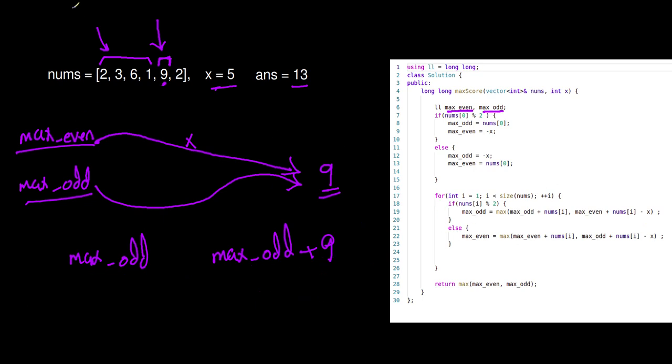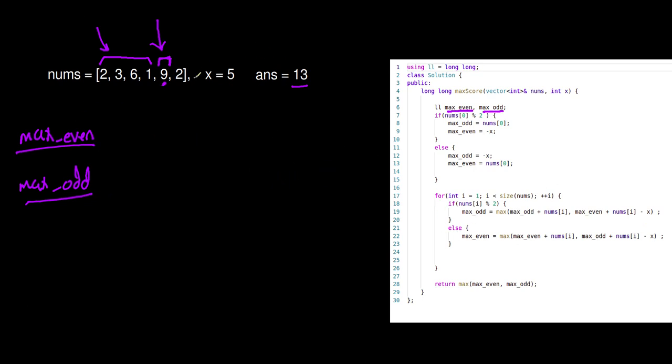Now if the number is even, for example, if we want to solve for this index and we know the max even and max odd so far for this subarray, the current value is 2, so in this case the else statement will be checked.